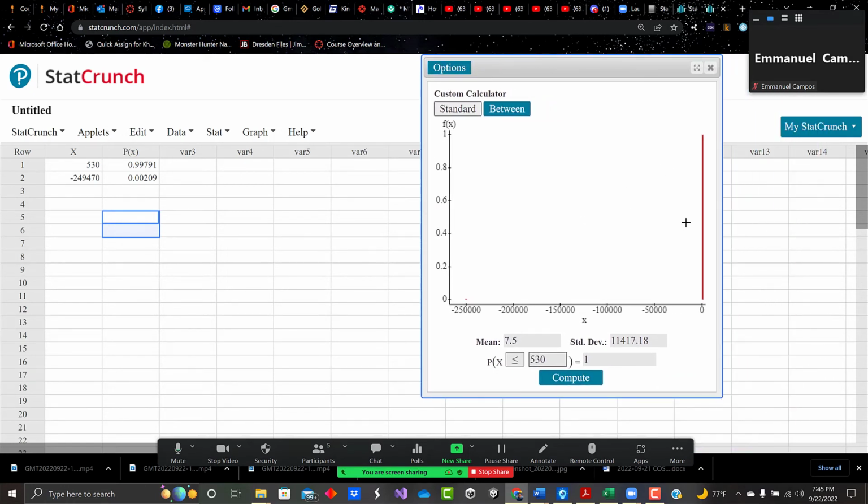The graph isn't very helpful here, but notice the mean here, 7.5. It tells us the mean that we're looking for.